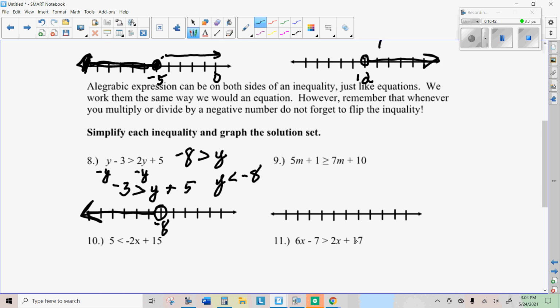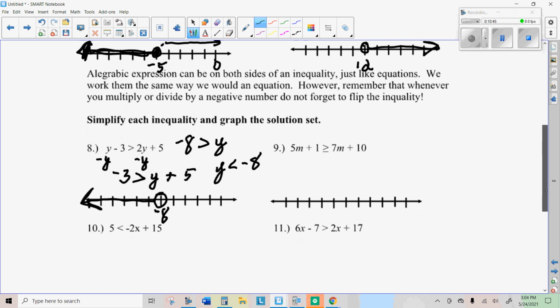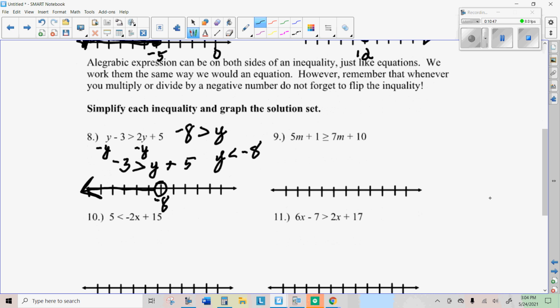All right. I think I'm going to let you try the next 3, see what you get. Now, the only time you will have to worry about the sign being different is when you, so let's write this here, reverse the sign if you multiply or divide by negatives in the process of solving.